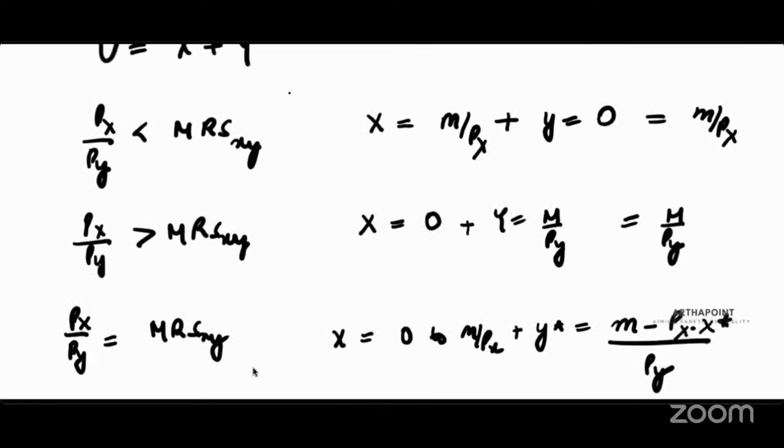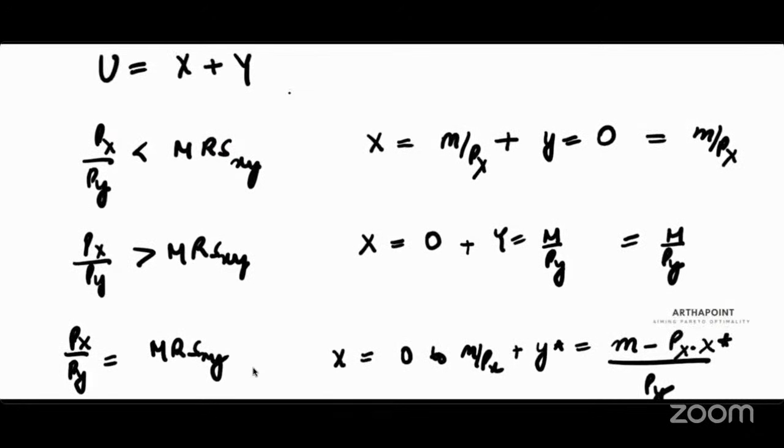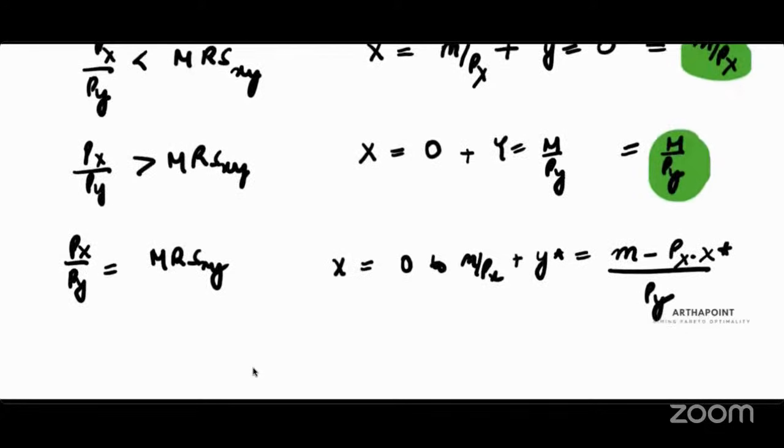Now, please see that my indirect utility function is either M by Px or M by Py, or this, which will also come out to be either M by Px or M by Py or something in between. So I'll take two extremes.